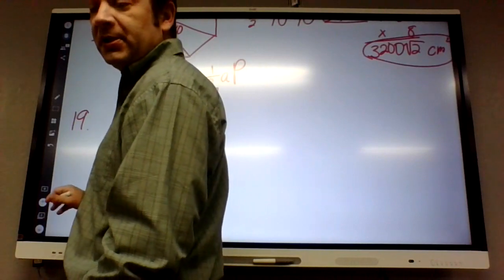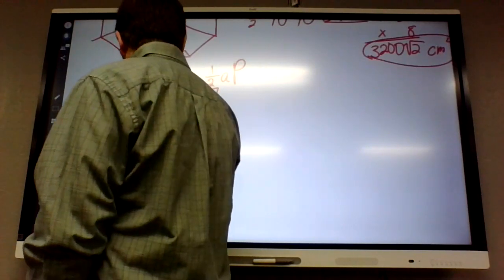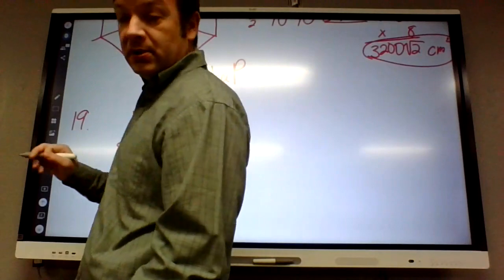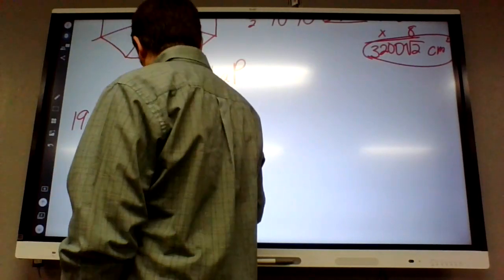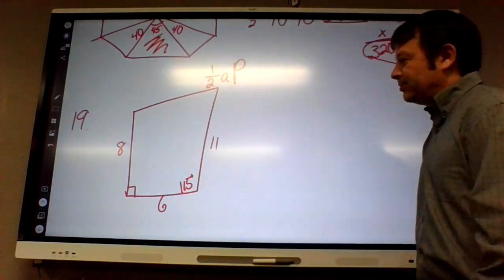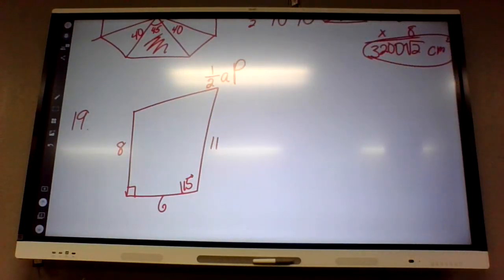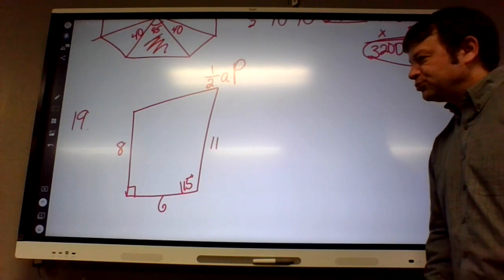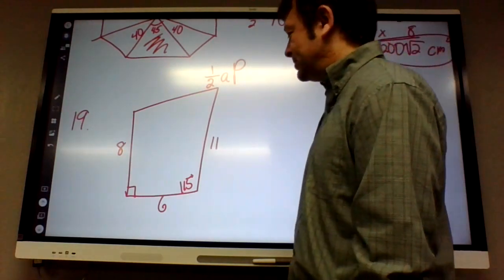8, 6, 9, 11. And, okay, we're just supposed to find the area of this irregular polygon. Any bright ideas?